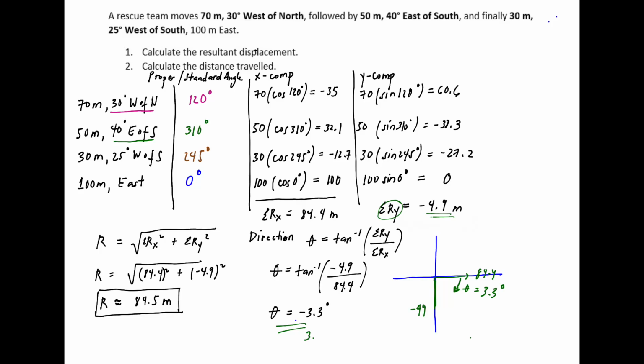So this is negative 3.3, that means 3.3 degrees south of east.